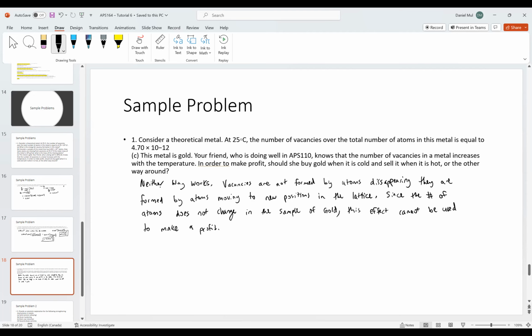So yeah, basically, no matter what, if you heat it or cool it, you're not really changing the amount of gold.